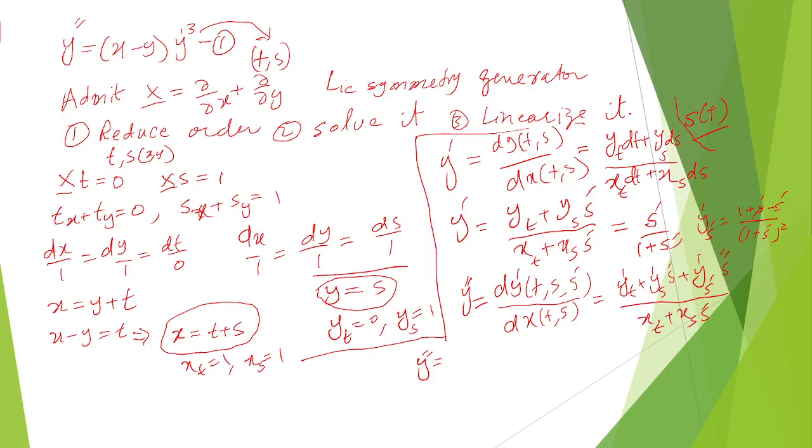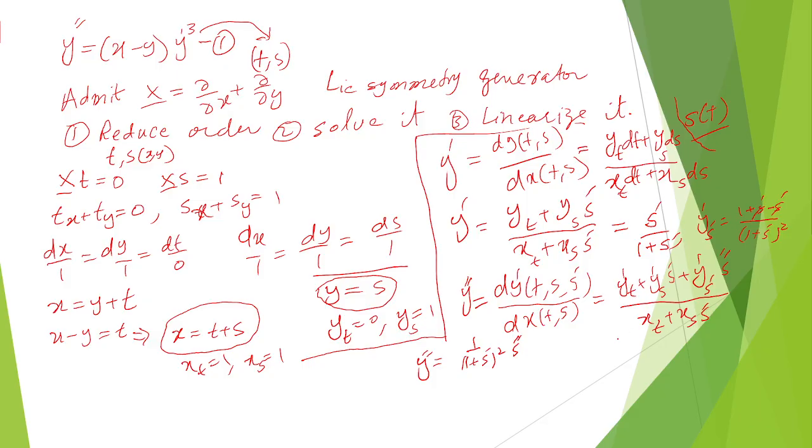So these will cancel. So this is 1 over 1 plus s dash squared, and I will put this over here because these two are 0, so only one term is left, that is 1 over 1 plus s dash squared times s double dash.